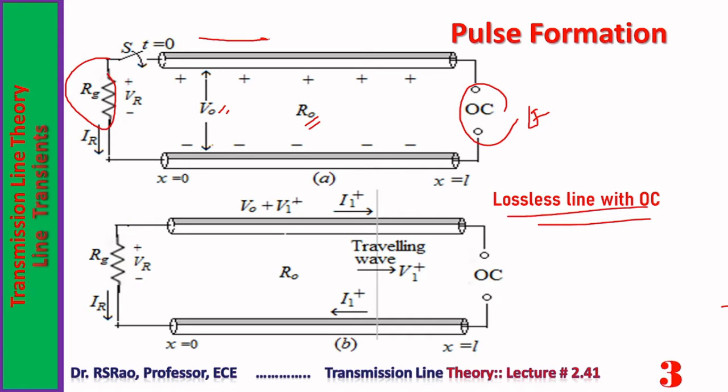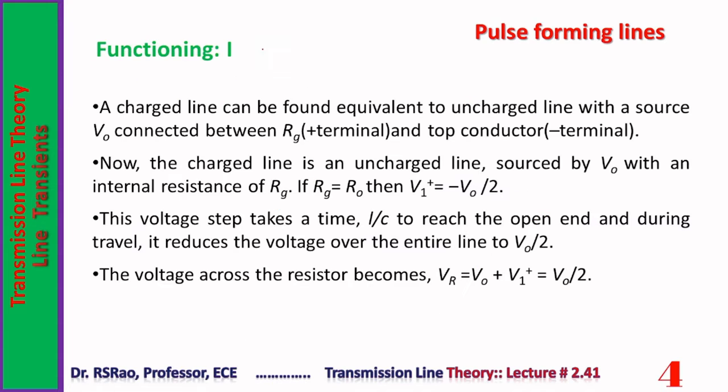A current wave step starts moving towards the output side, and a voltage wave also. Of course, the voltage wave amplitude is negative, the current wave amplitude is positive. Now the total voltage over the line is the voltage that is charged to the line plus the wave.